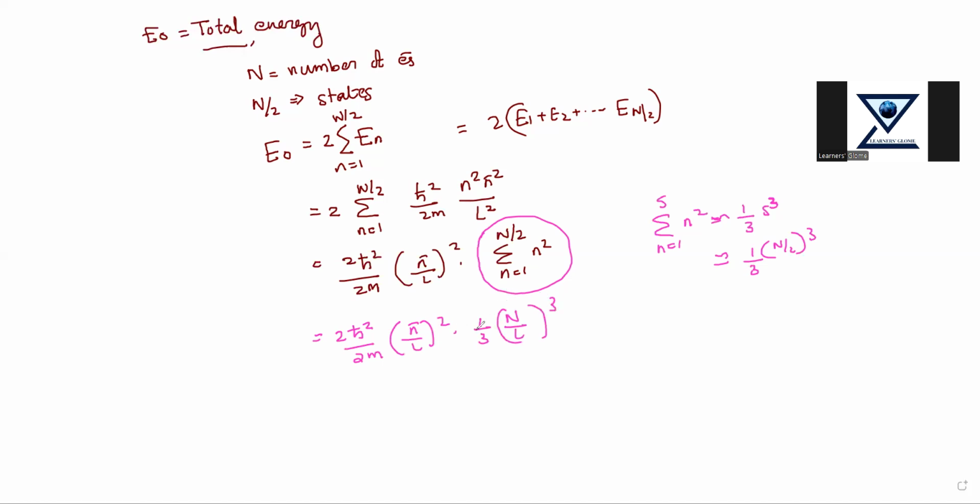Now we can rearrange this value. We can cancel this 2, and here N pi by 2L is taken.